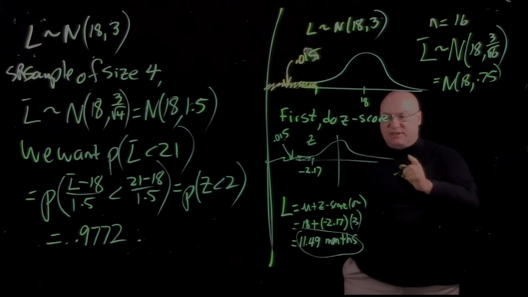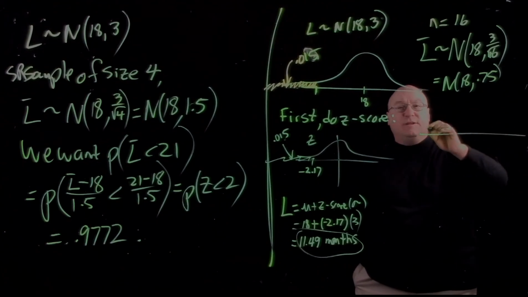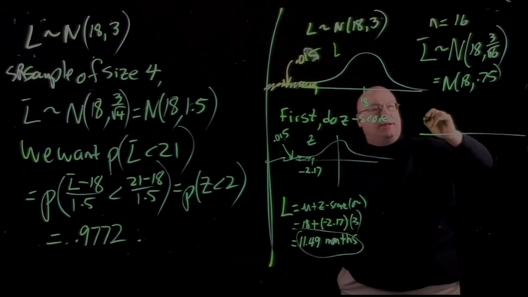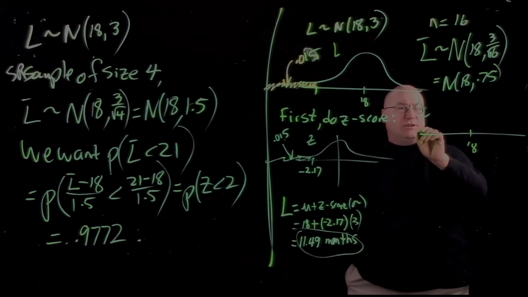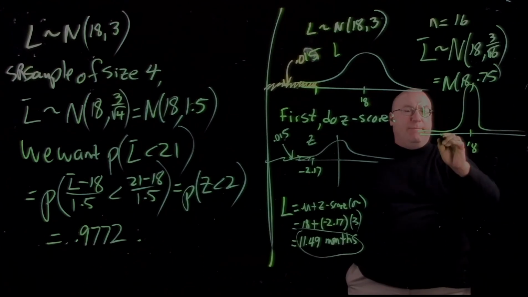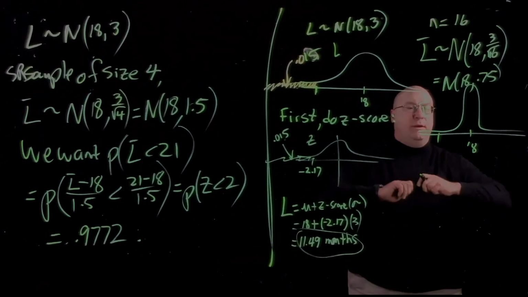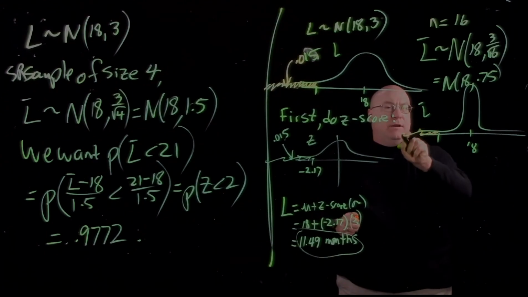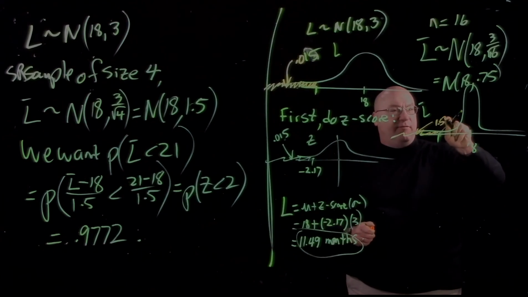I want to do the same picture here, only the one up here was for L, and this is for L bar. Here's 18, and it's just a lot more scrunched and humped up, right? And I'm back here, the same place, and there's 1.5%.